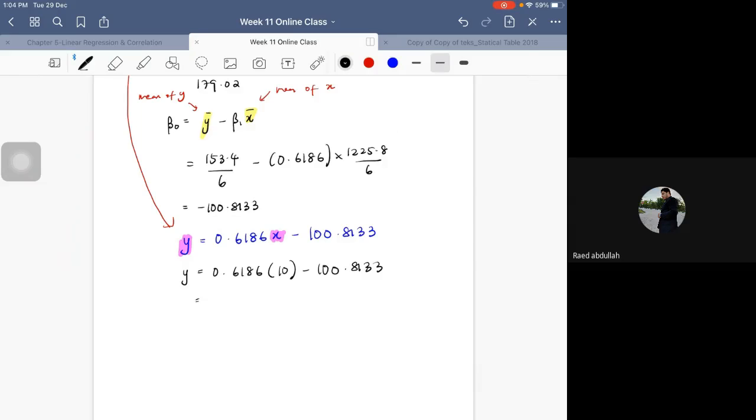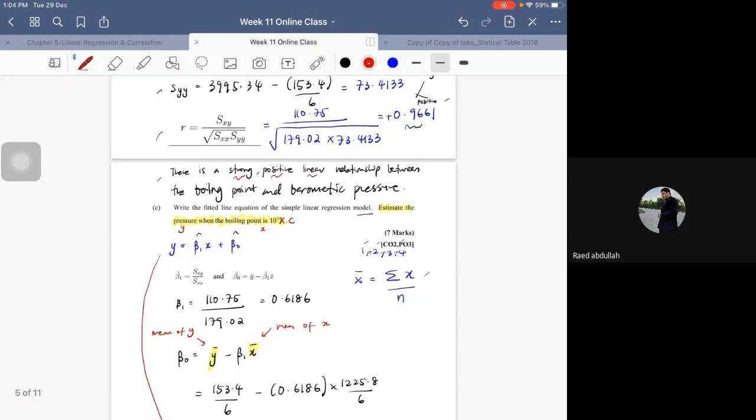When I calculate this, I will get a value of negative 94.6273 in terms of the pressure. So this is going to be our value. All we have to do is substitute the value of x, and automatically we will get the value of y for that particular x value by using our model. That is what we are expected to do.